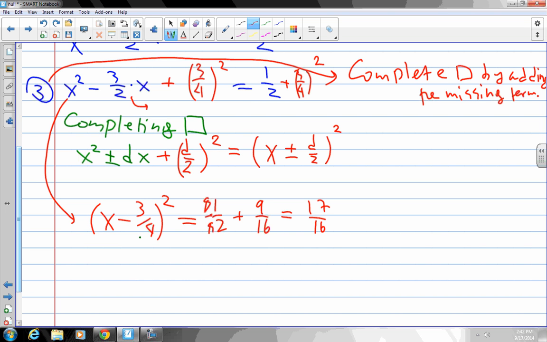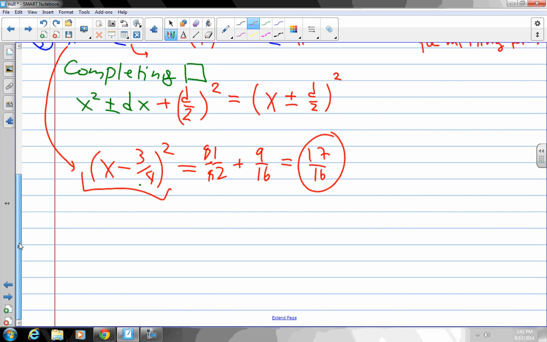Right, the common denominator is 16, multiply the first fraction by 8 over 8. Is that okay? So now we have completed the square. We have a quantity that is squared equals a constant. So it's back to what we were doing before. I can proceed with extracting the square root. So the fourth step is just extract the square root.